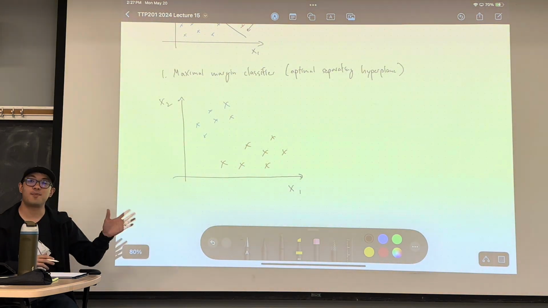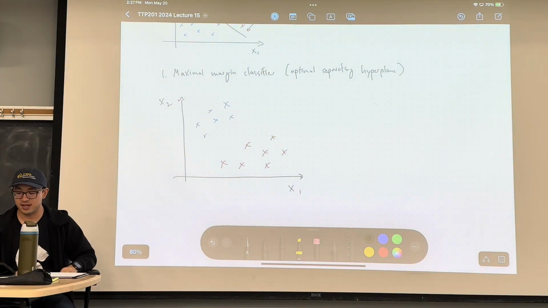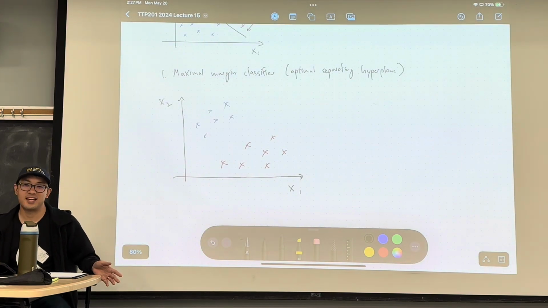I want to draw a hyperplane that separates my categories of points. And the problem is, what is the problem with doing that?